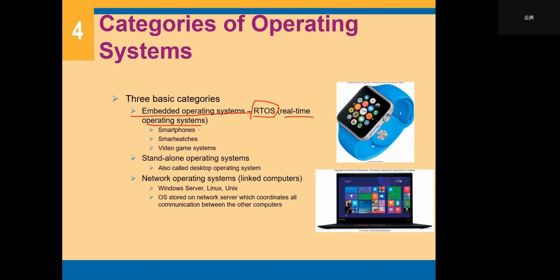For example, your smartphones, smartwatches, and video game systems are all embedded operating systems. The second type is the standalone operating system. We also call it the desktop operating system, like Windows, which controls a single desktop computer.